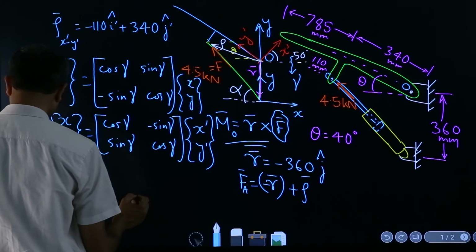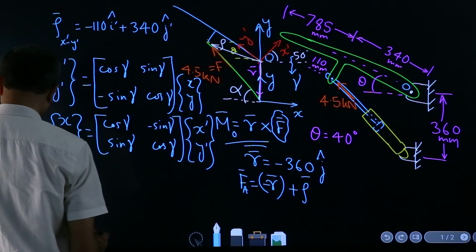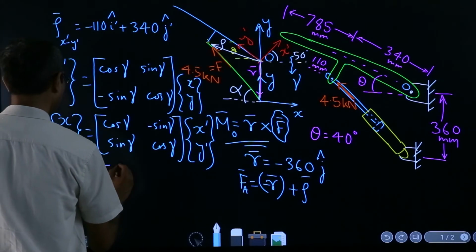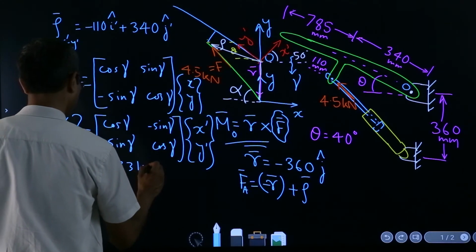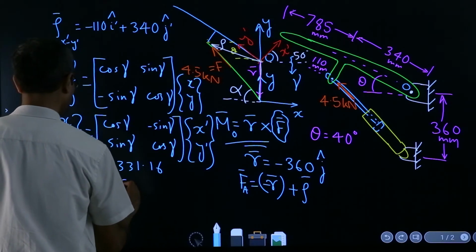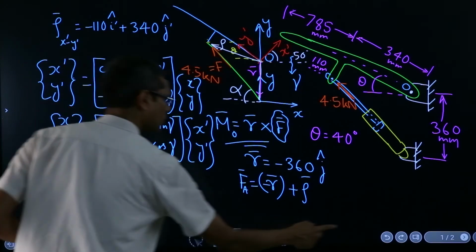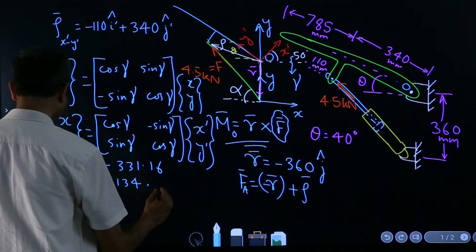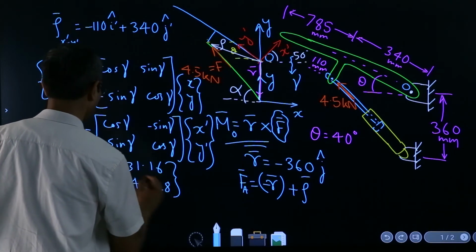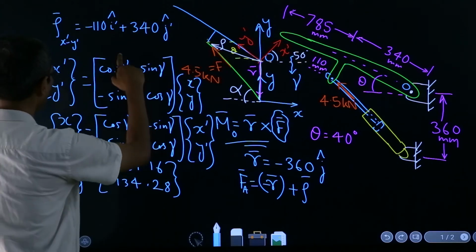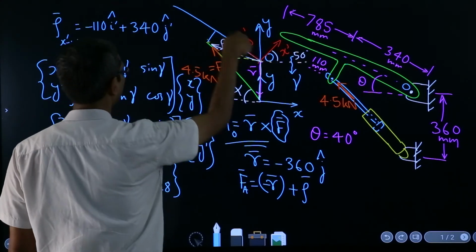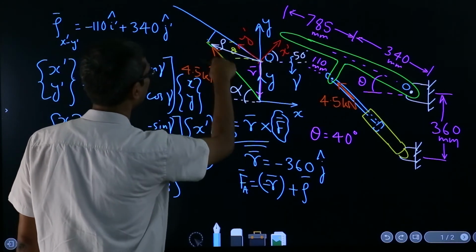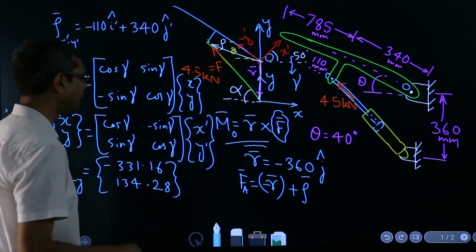It will come out to be minus 331.16 and 134.28. The one which was minus 110 and 340 in x prime y prime is minus 331 and 134 in the xy coordinate system.